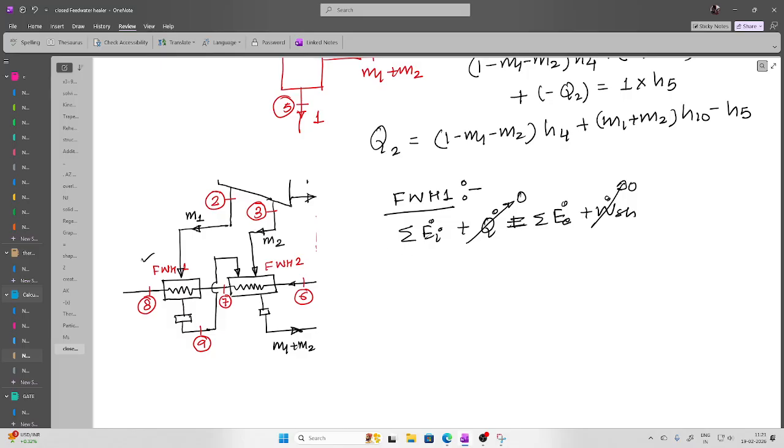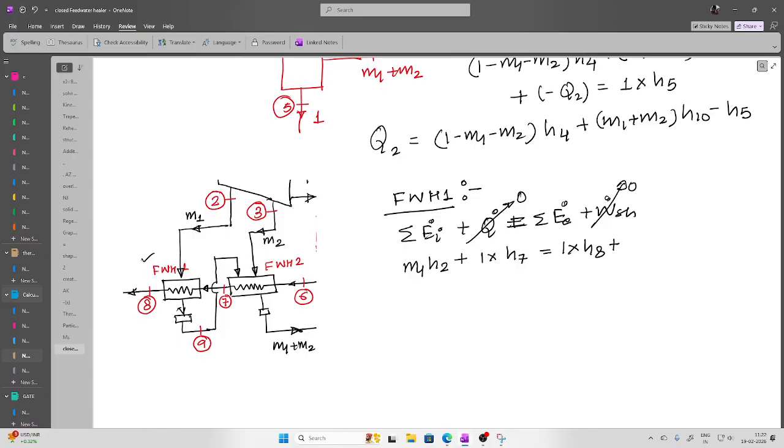So what is entering? M1 is entering from 2, so it is M1 H2, very good, plus this is also entering at 7. So what is the mass? 1 kg. So it is 1 into H7. Then what is exiting? This is exiting, this is 1 kg only, it is H8.